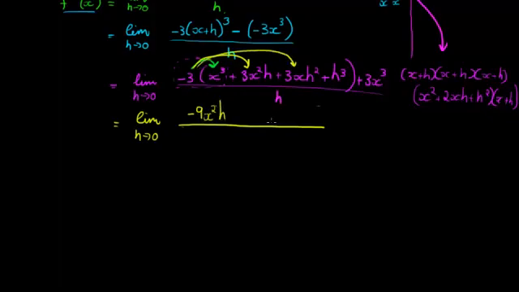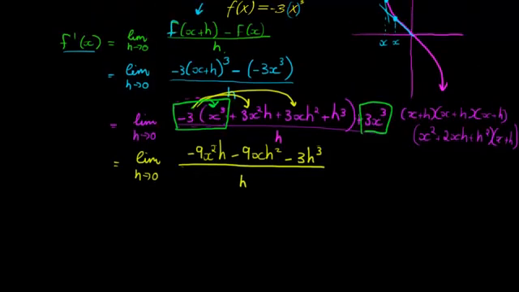Negative 3 times 3xh squared gives me negative 9xh squared. And negative 3 times the last term gives me negative 3h cubed. First terms have cancelled and my denominator is still just h. Now you'll see if you've done this correctly, then your first term, the one that does not include the h, will cancel with the last term in this case.